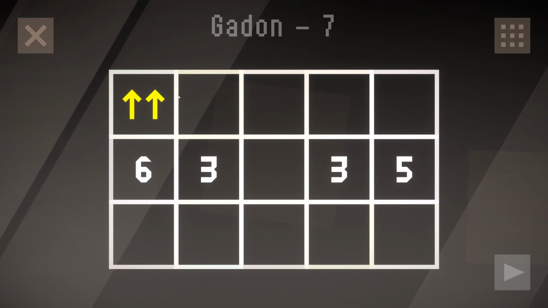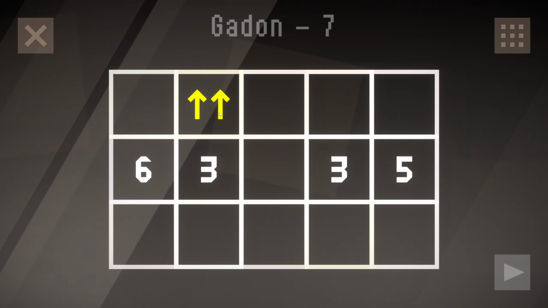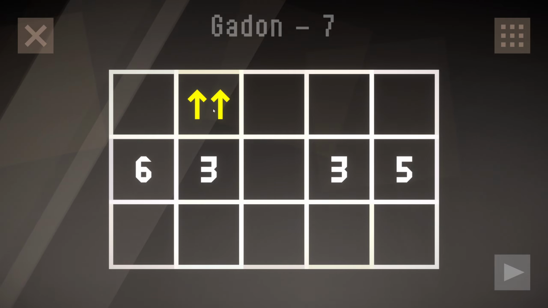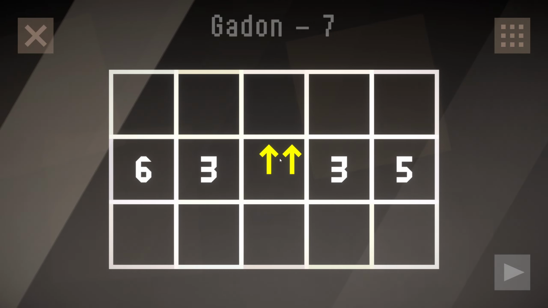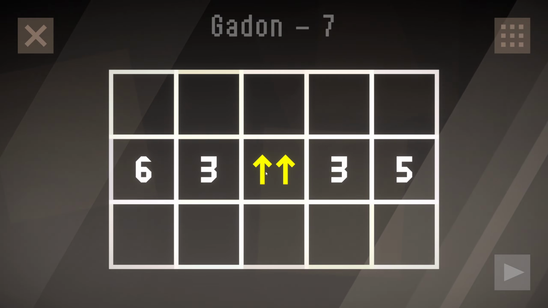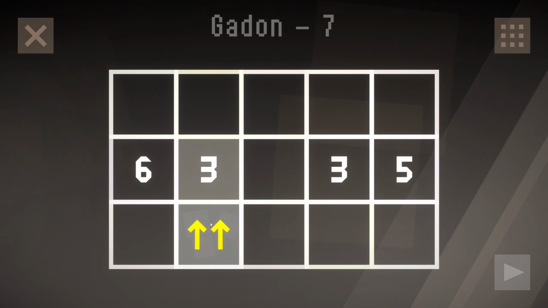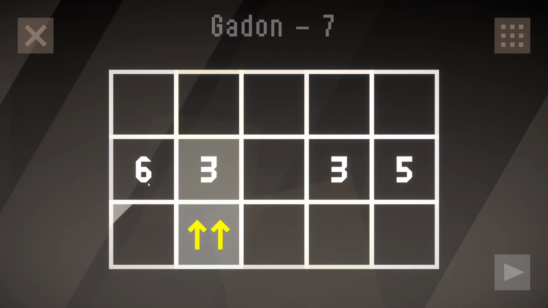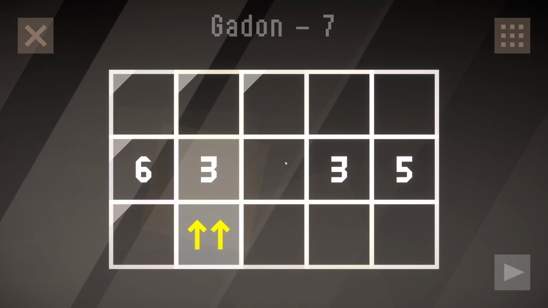A double arrow. I'm still not super familiar with the arrow mechanics. Does it count twice? What is above it? So this is 1, 2, 3. 1, 2, 3, 4, 5, 6.